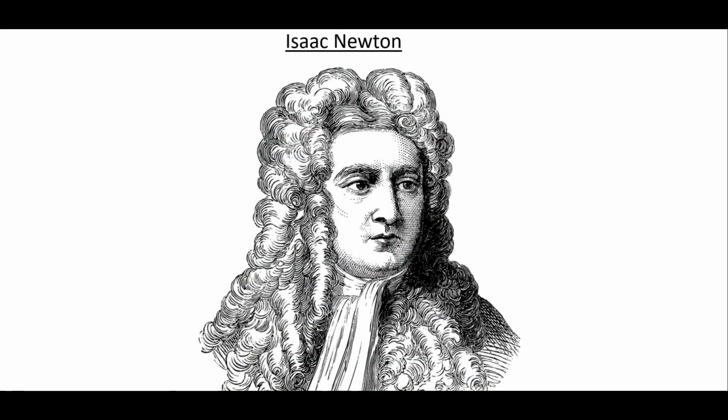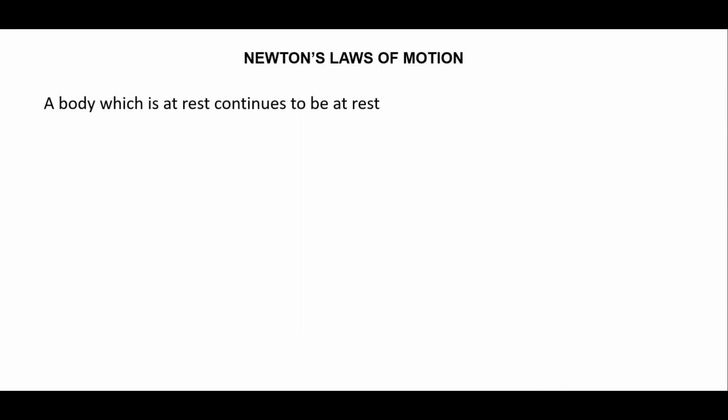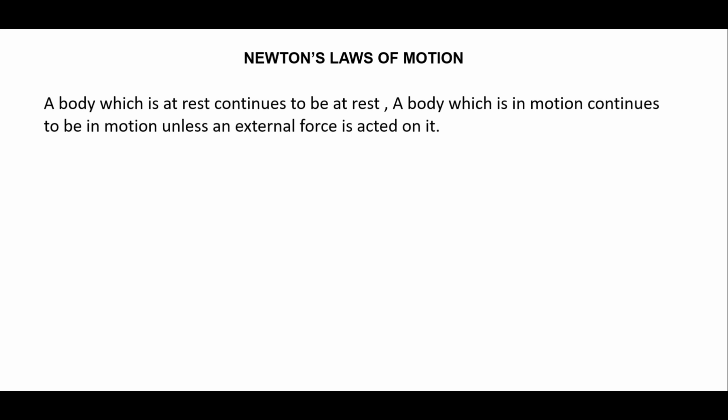So what can we conclude now? That a body, if it is at rest, continues to be at rest. A body, if it is in motion, continues to be in motion. But wait, unless an external force is acted on it.